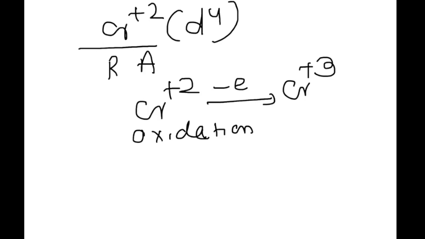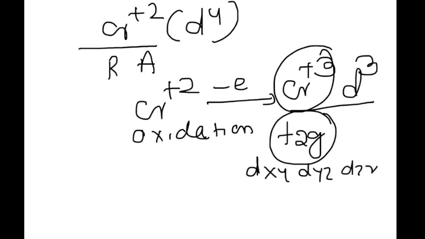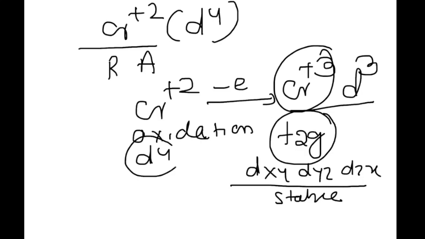In chromium 3+, it has d3 configuration. d3 means the three electrons are in t2g orbitals. t2g orbital means dxy, dyz, dzx orbitals, which are in a stable form. So d4 is an unstable form and d3 is a stable form. So chromium 2+ can easily be converted to chromium 3+, and chromium 2+ can act as a reducing agent.